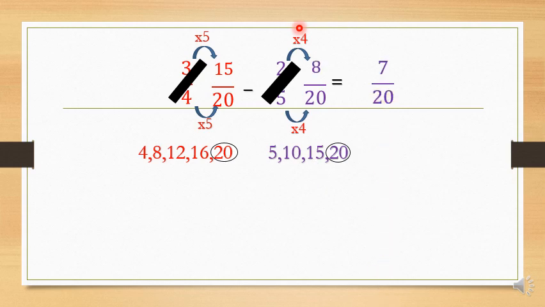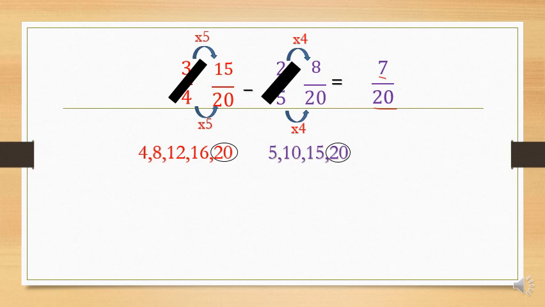And as we don't need that 2/5 anymore, we can clearly see that we're doing 15 20ths, take away 8 20ths, which gives us 7 20ths. And you can have a little look at that number and see, can I reduce that any further? Is there a number that goes into 7 and 20 and leaves no remainders?